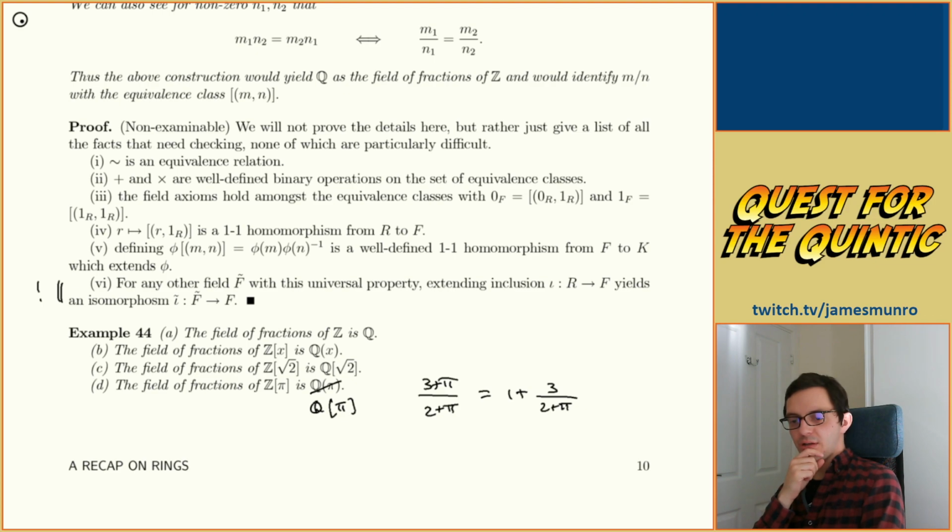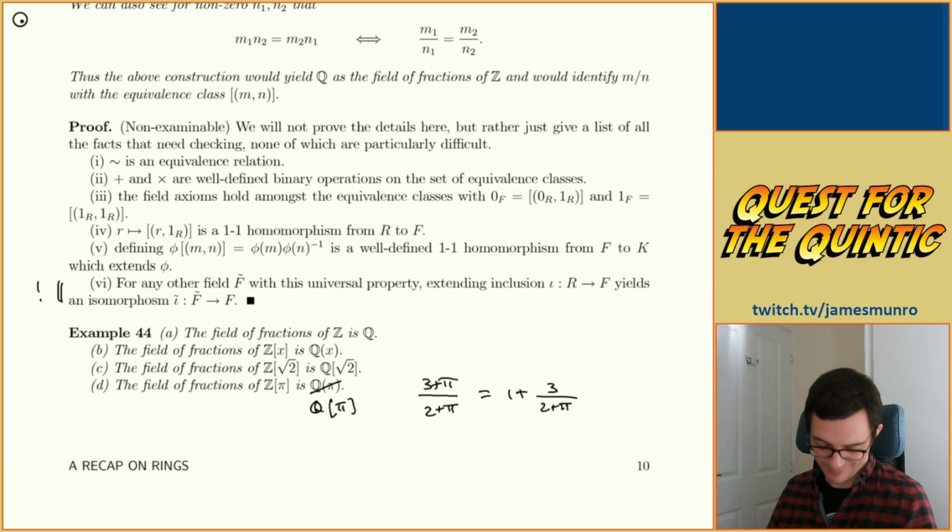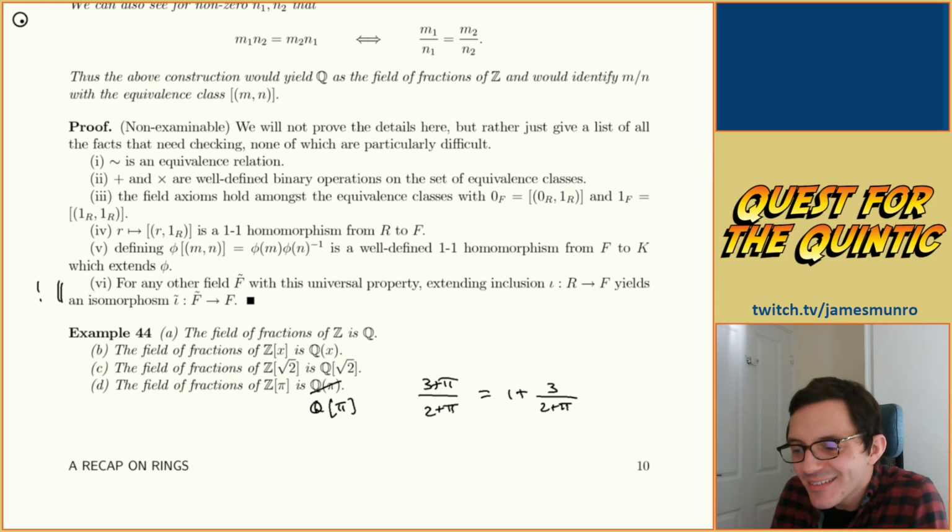What am I doing wrong? Oh, field of fractions. No. What am I doing wrong? Maybe it does mean round brackets. There's twice in here, right? Why are there round brackets on that Q of x?